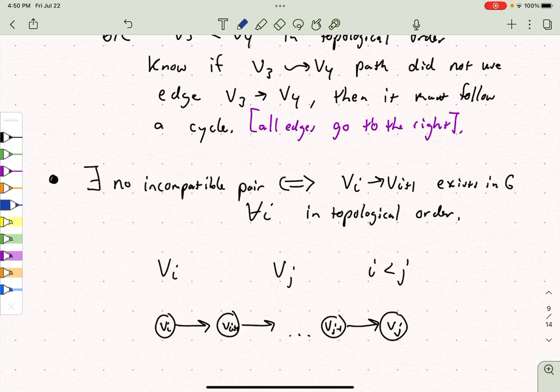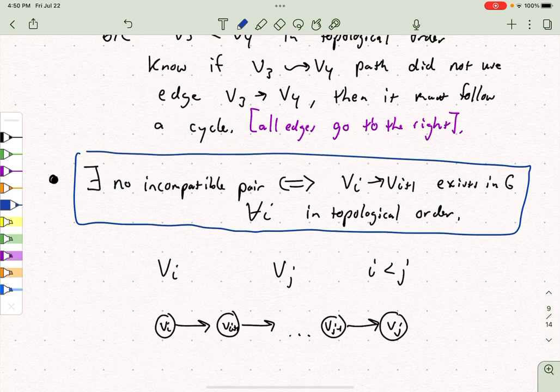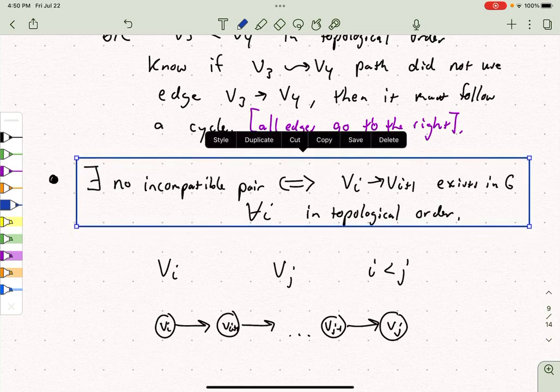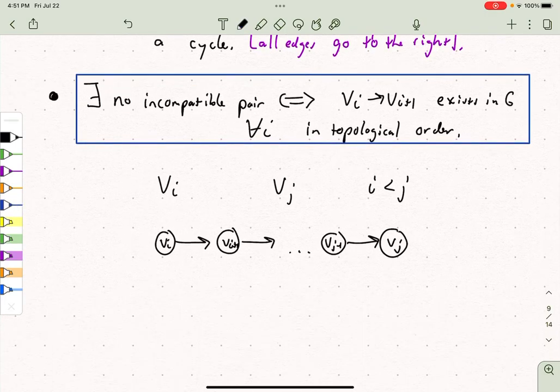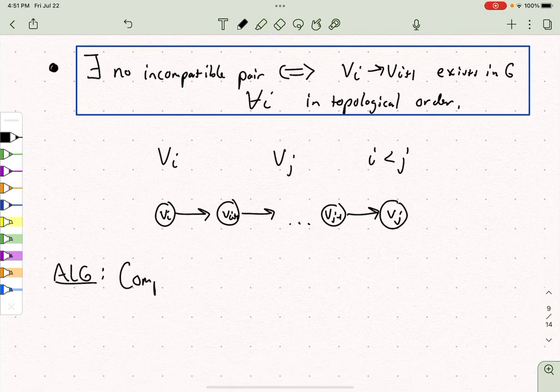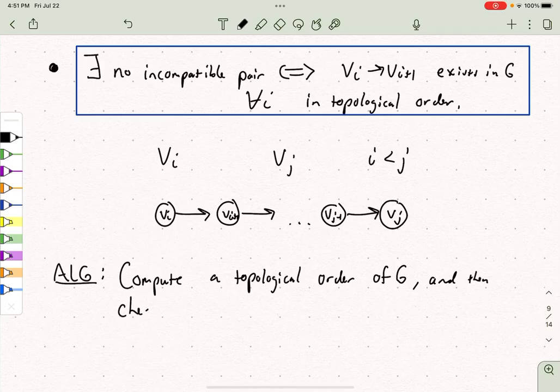Okay, so let me just emphasize this. What's our algorithm? Our algorithm overall is just going to be: compute a topological order of G, and then check that the edges Vi to Vi plus 1 exist.